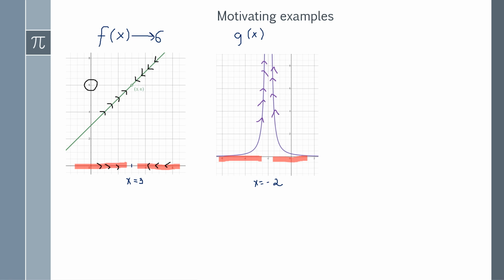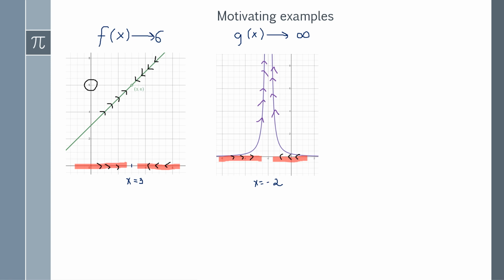Okay, so now you can have this informal notation saying g of x goes to positive infinity as we approach x is equal to -2 from either side, right? So let me go ahead and mark it here as we approach x either from the left or from the right, the function g behaves the same. It goes all the way up to infinity.